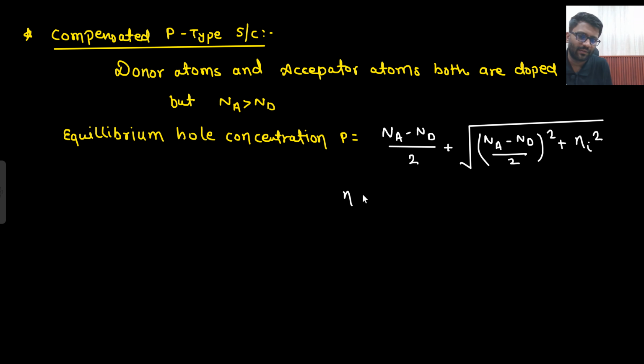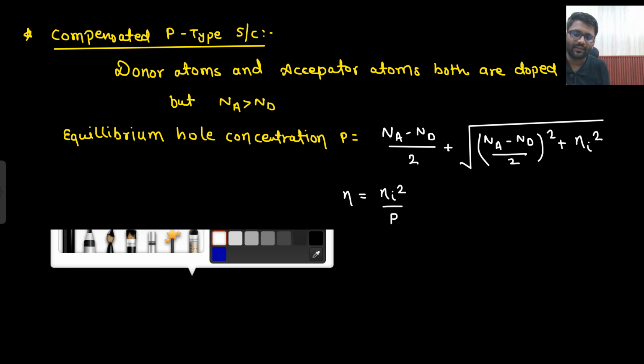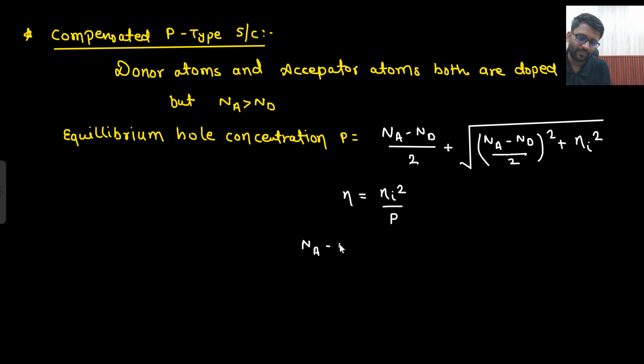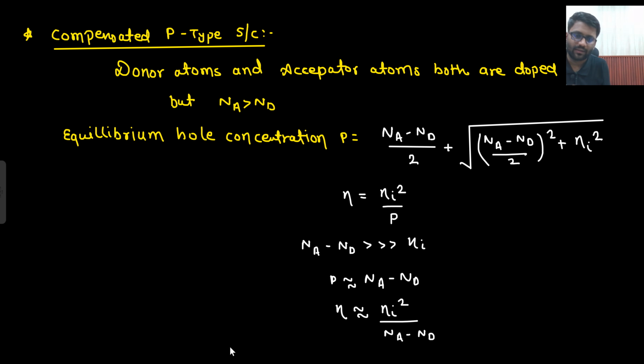And what will be your electron concentration? That would be Ni square by P. And if your Na minus Nd is much greater than Ni, then your P will be approximately Na minus Nd, and your N will be approximately Ni square upon Na minus Nd.